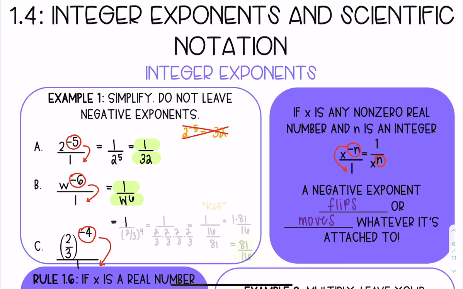So that's 1 over 2/3 to the positive 4. And so let's go ahead and write out this denominator so we can simplify it. Well, 2/3 to the 4th means I have 2/3 times 2/3 times 2/3 times 2/3.